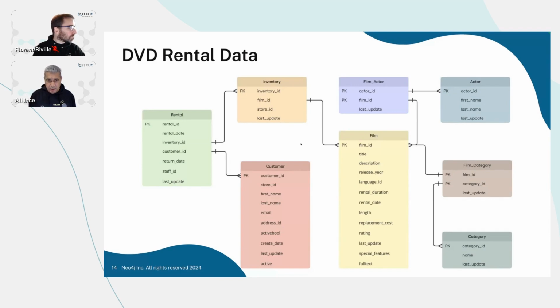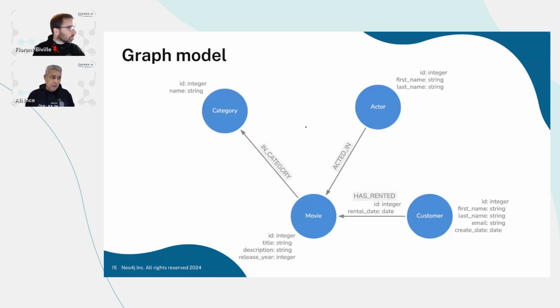From this structure, we want to reach this graph model. We will have movies with 4 properties, and categories, basically an ID and a name, and a movie can have multiple categories. And we will have actors with ID, first name and last name, linked to the movies they acted in.